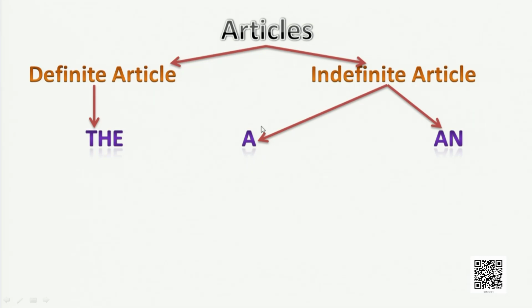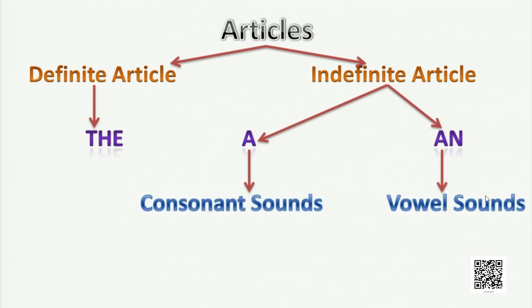There are certain rules that we follow when we use a or an, that we already might know, and just revise it. Okay, so where is a used? A is used in front of consonant sounds and an is used in front of vowel sounds. Okay, now some of you misunderstand that it's the letter that is there.